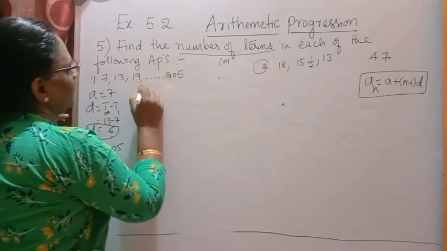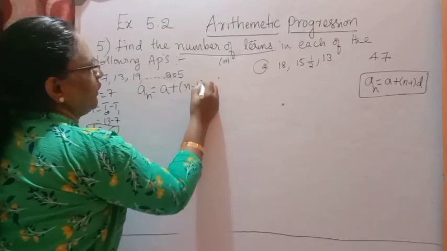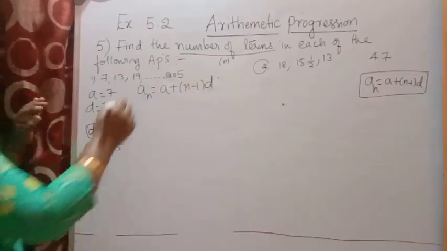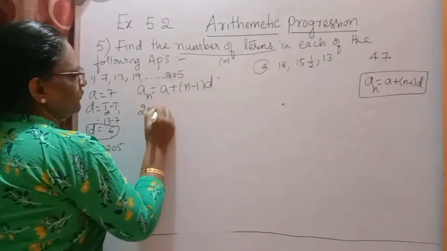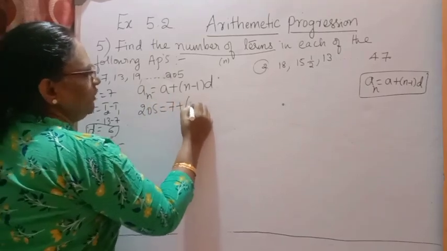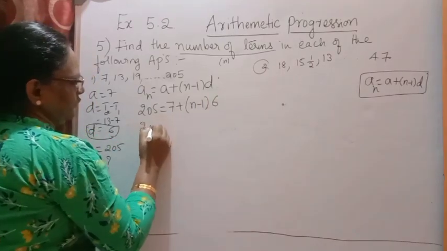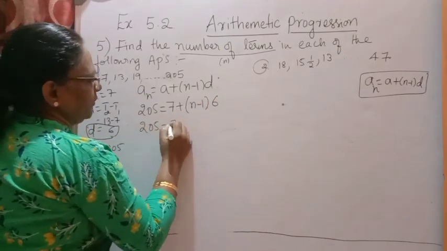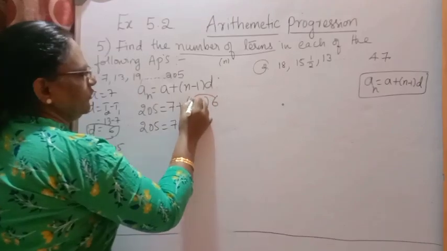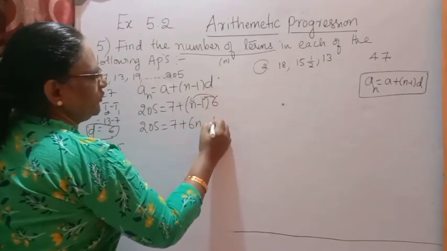Put the formula. an is equal to a plus n minus 1 into d. an is nothing but 205 is equal to a is 7 plus n minus 1, we don't know n, keep as it is, d is 6. Now multiply the bracket with 6, remaining terms as it is. 6 into n, 6n minus 6 ones are 6.